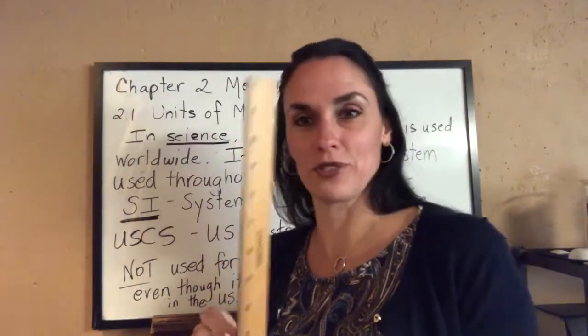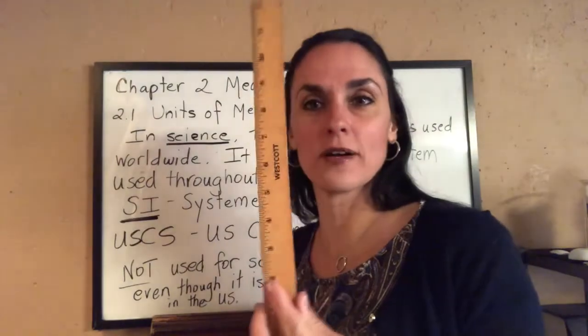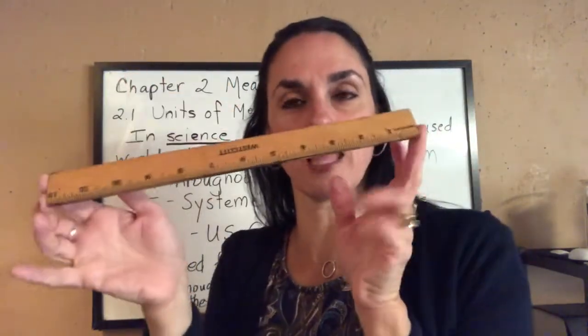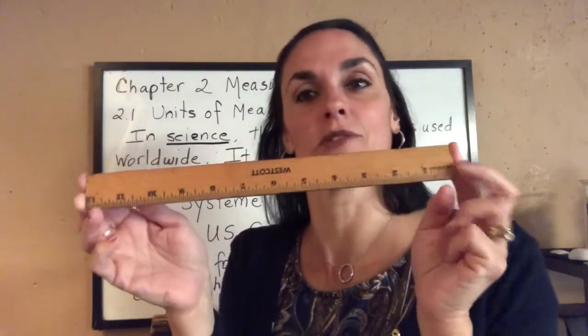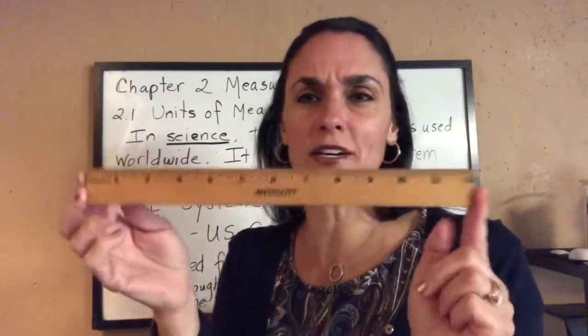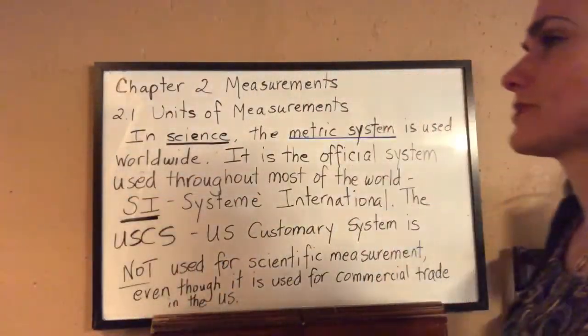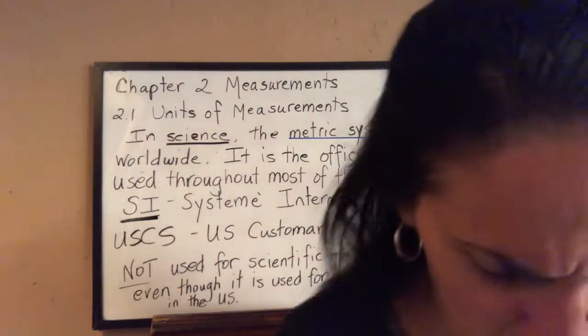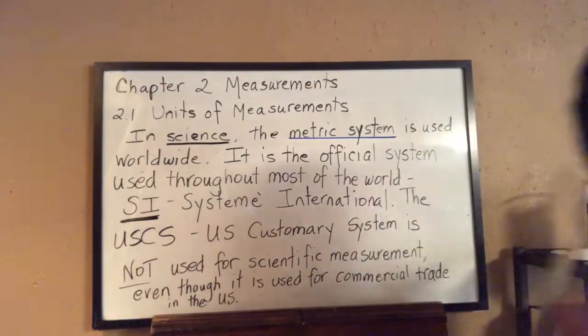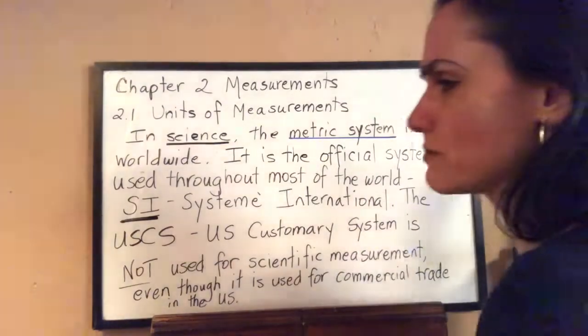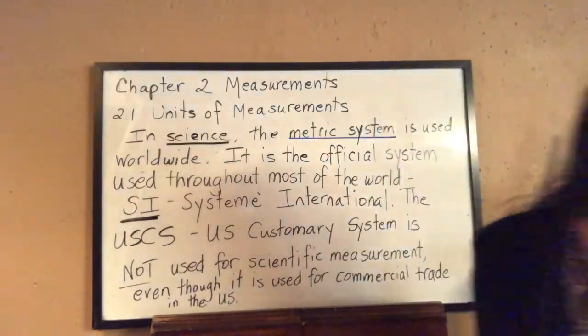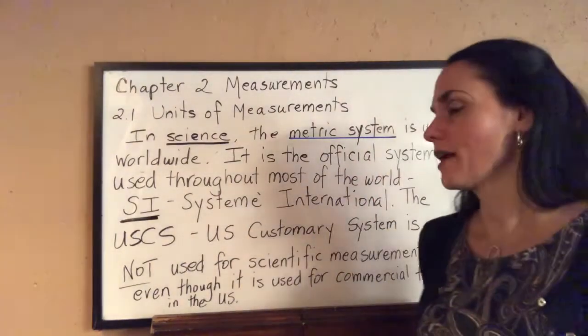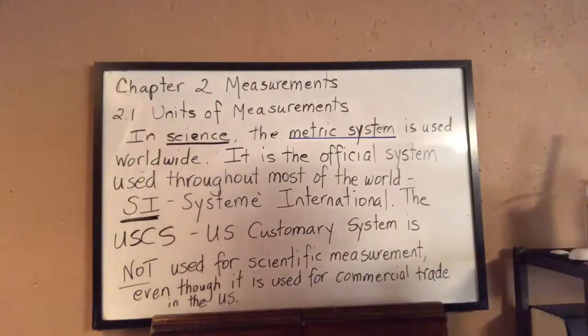So you put this up to some king of wherever, and this was the length of his actual foot. So it said, okay, well, this is a foot. Very arbitrary. And in science, we don't like arbitrary things. We like them systematic. So the metric system is a much more systematic way of converting and measuring. So that is the official system used worldwide for scientific measurement.